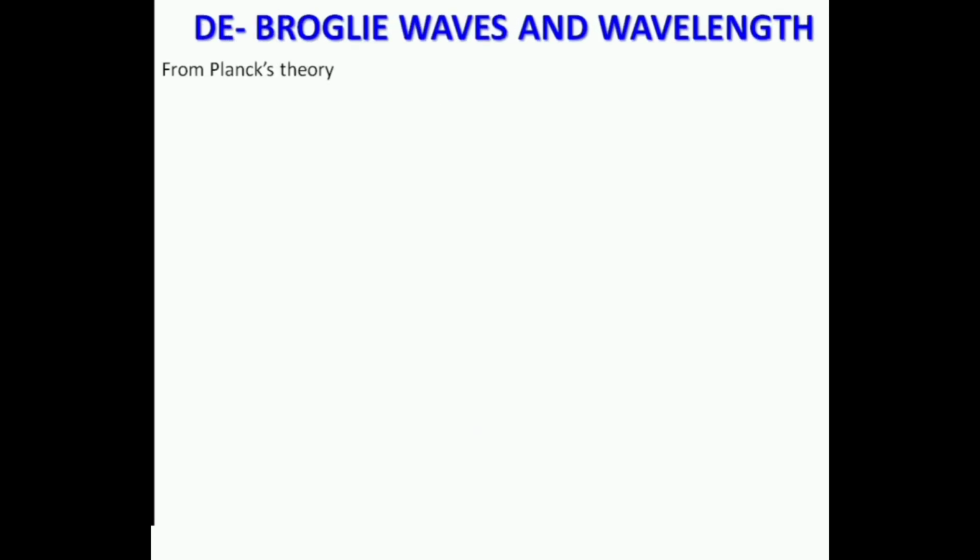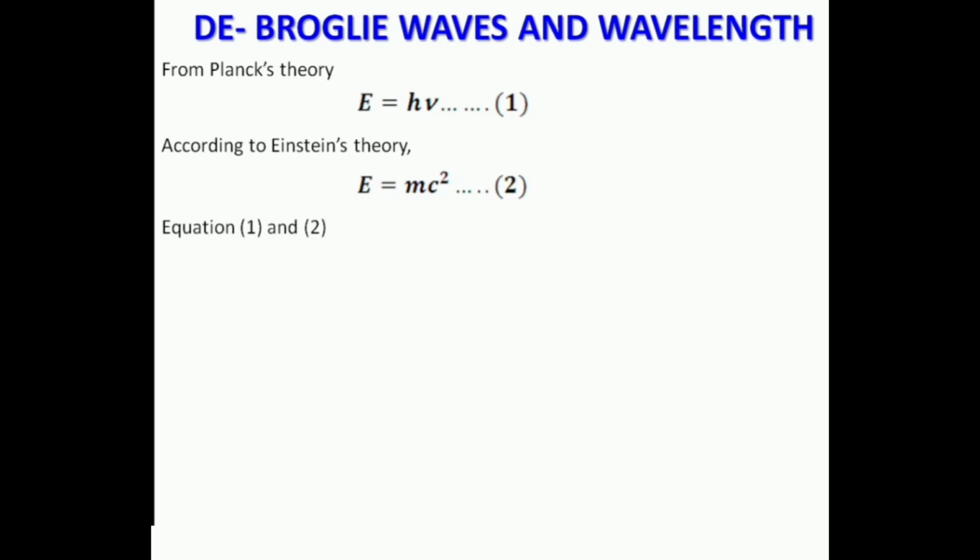From Planck's theory, E equals h nu, which is equation 1, and according to Einstein's theory, E equals mc square, which is equation 2. So from equations 1 and 2, we have h nu equals mc square, and nu equals c upon lambda, the velocity of light upon lambda.